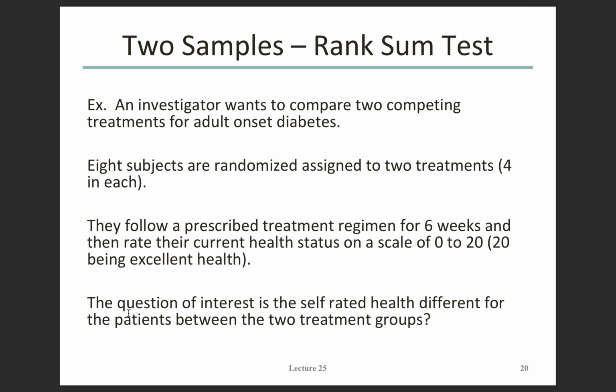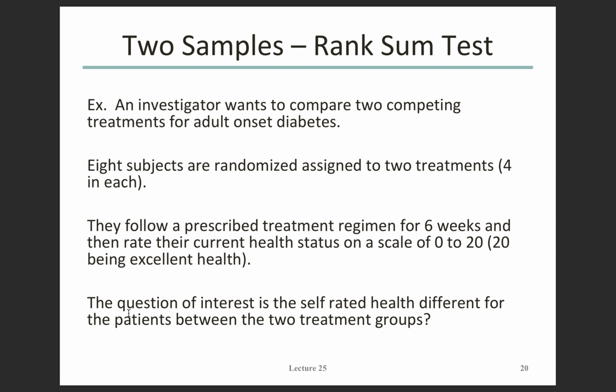Run some tests. An investigator wants to compare two competing treatments for adult onset diabetes in 8 subjects. There are only 8, so each group is not greater than 10. The 8 subjects are randomly assigned to two treatments, so that's so small, right? They follow a prescribed treatment regimen for 6 weeks and then rate their current health status on a scale of 0 to 20.